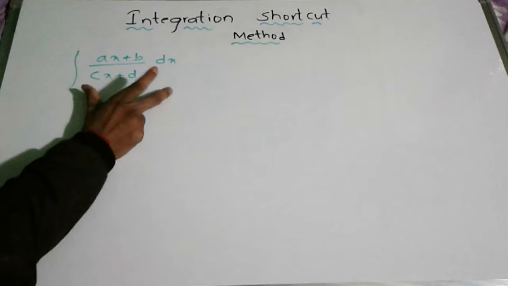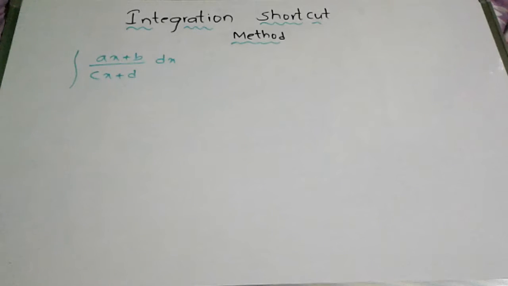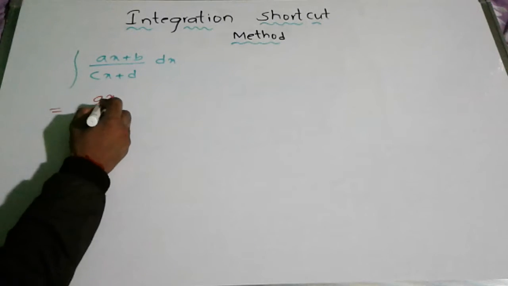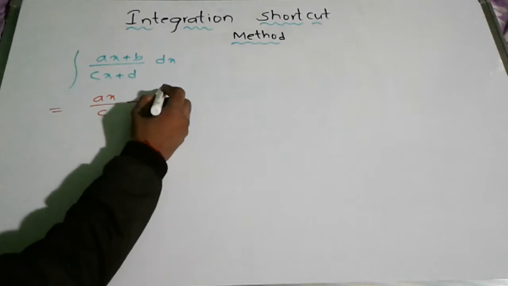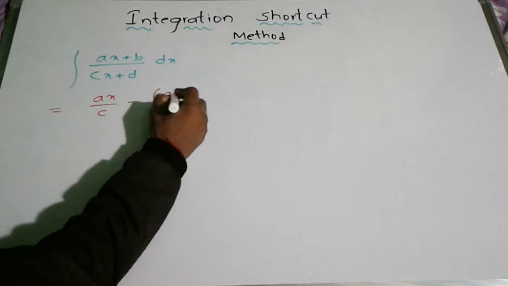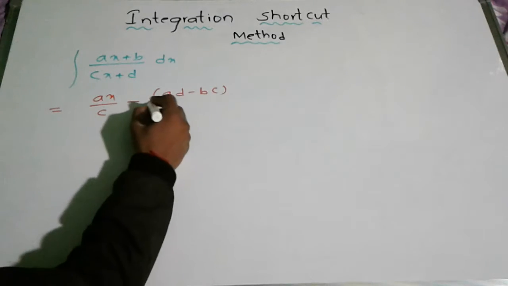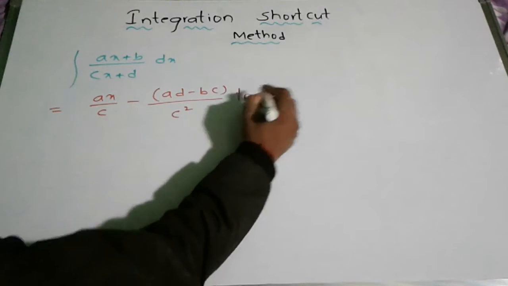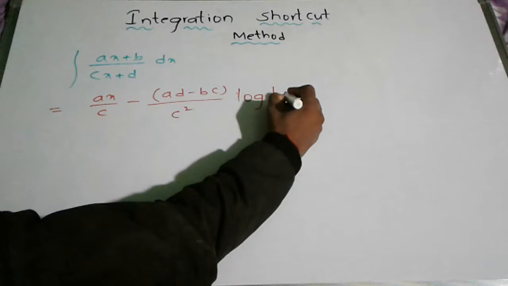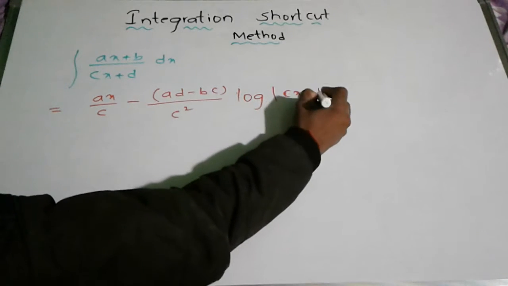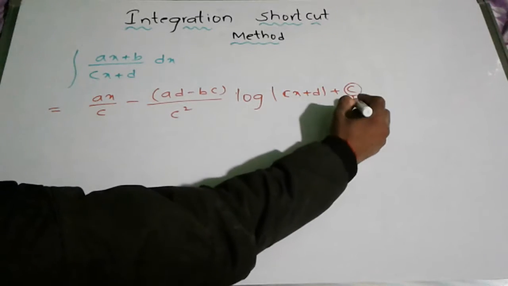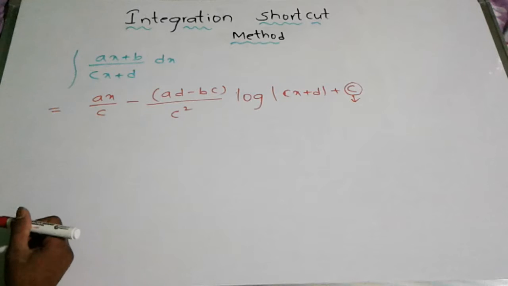When you come across these types of questions, you can use this formula, that is ax upon c minus (ad minus bc) upon c square times log of the denominator part, that is |cx + d|, plus C. Here C is the constant of integration, right?